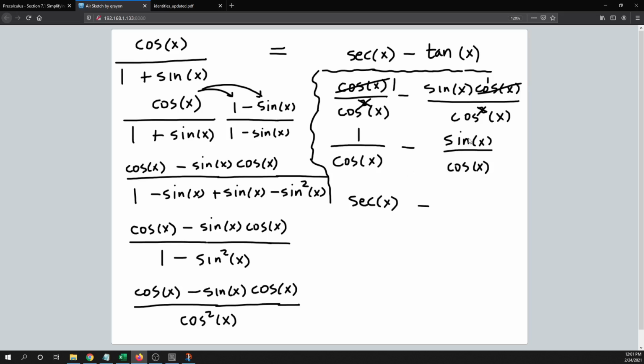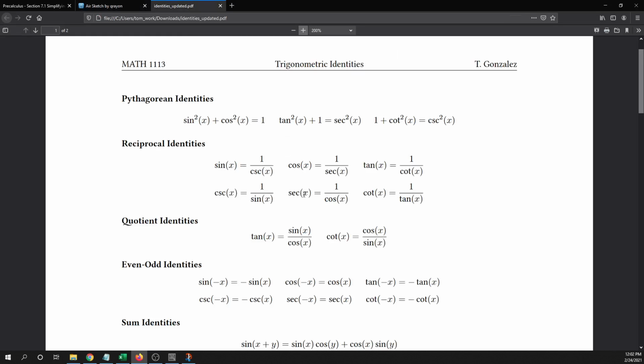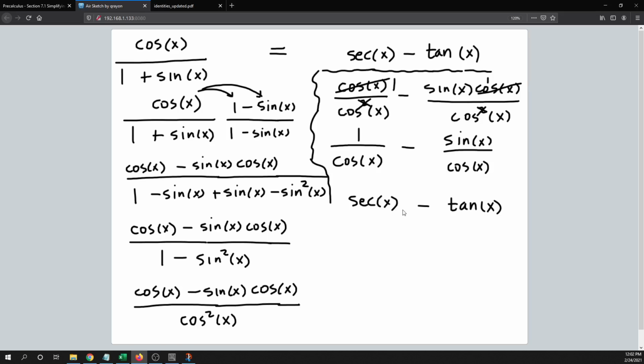And sine x over cosine x is exactly the same as tan x. So these identities, 1 over cosine is secant, sine over cosine is tangent, give exactly what I've got over on the right-hand side.